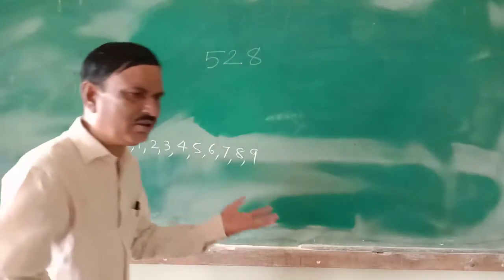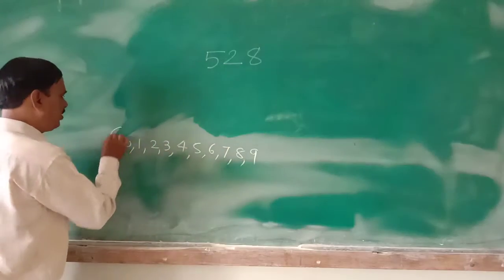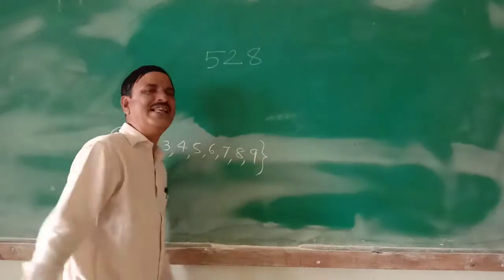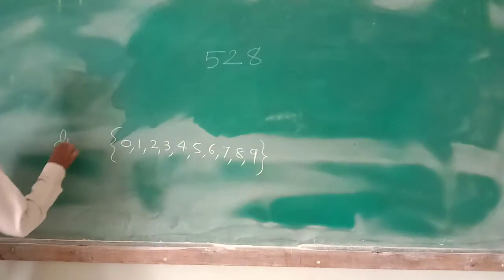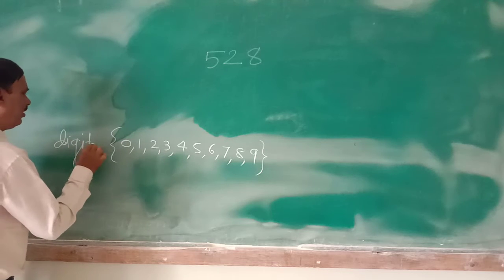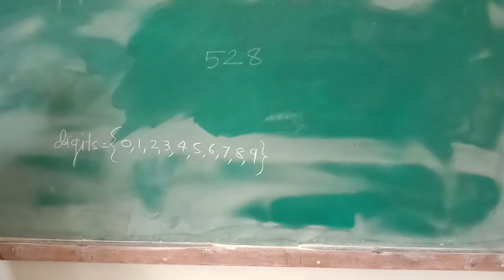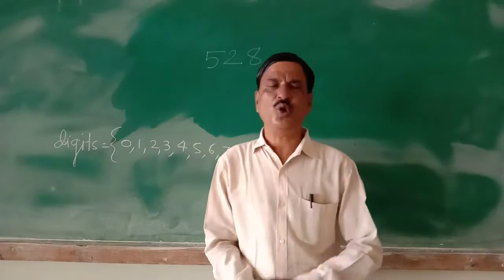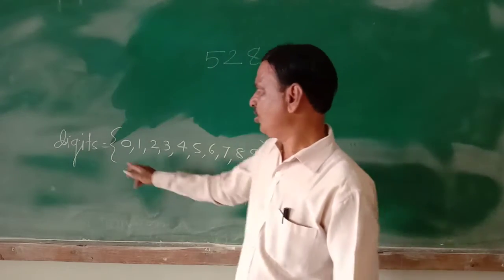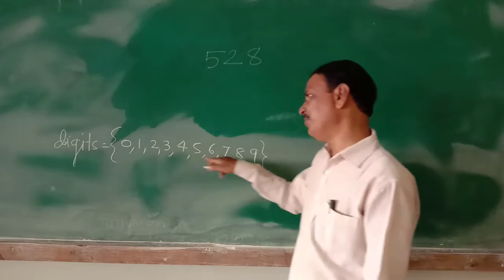In another word, we can say the set of decimal digits. We know set. So this is the set of decimal digits.